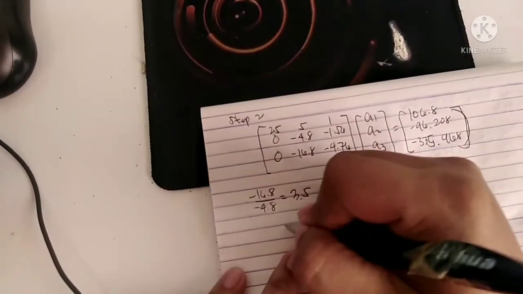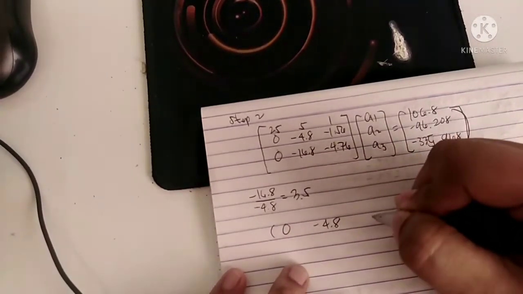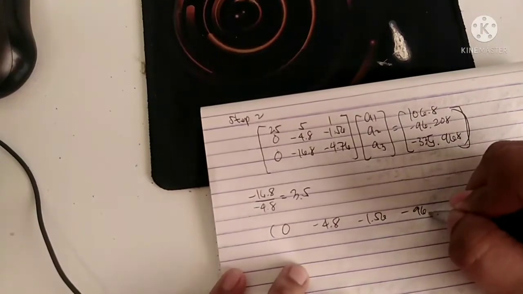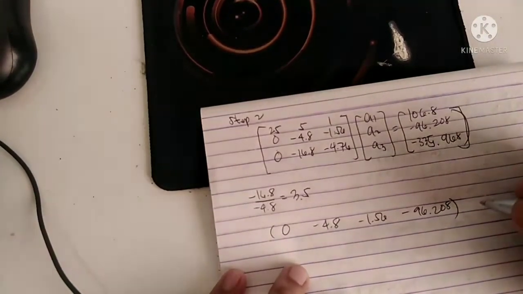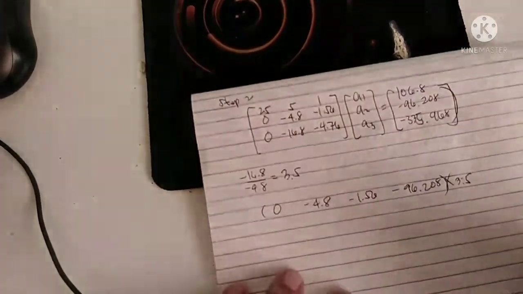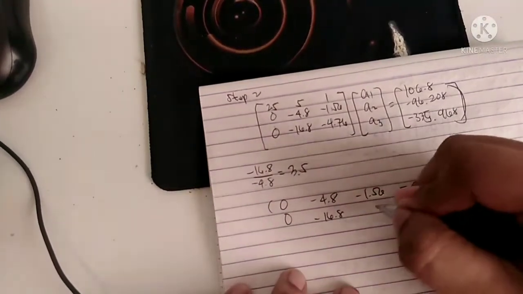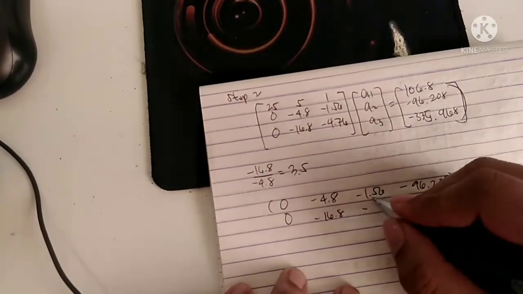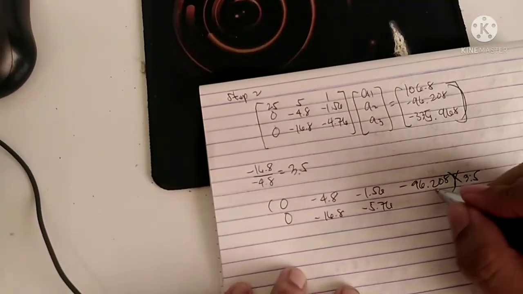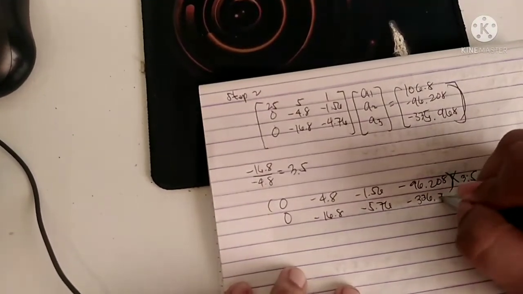So this is 0, negative 4.8, negative 1.56, negative 96.208, multiplied with 3.5. So this is 0, negative 16.8, 3.5 times 1.56 is 5.46, and 3.5 times 96.208 is negative 336.728.